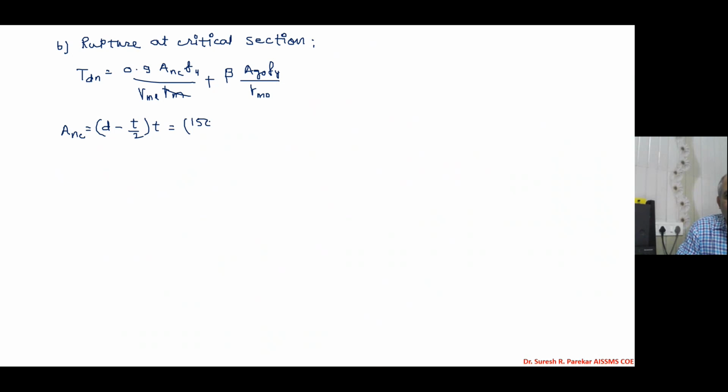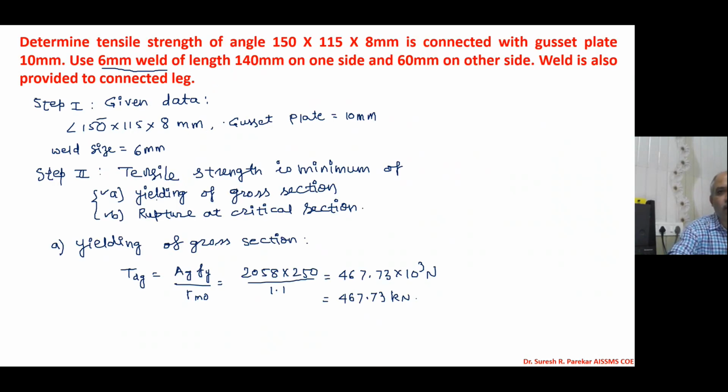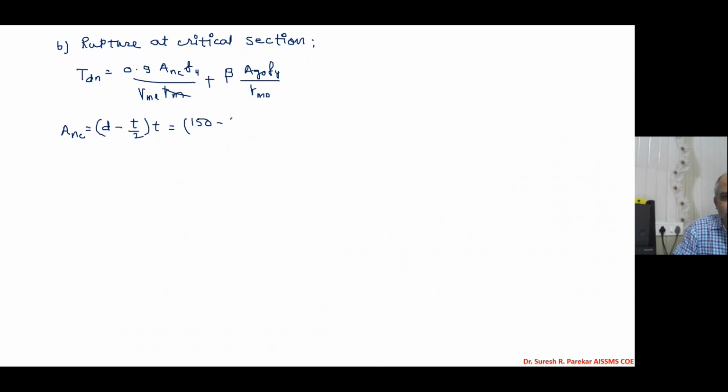D we have 150, so 150 minus 8 by 2 into 8, and we will get this value equal to 1168 millimeters square. Then go to Ago, we have (B minus t by 2) into t, 115 minus 8 by 2 into 8, and we will get 888 millimeters square.